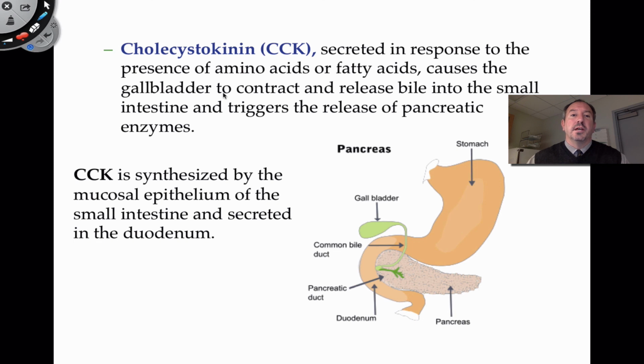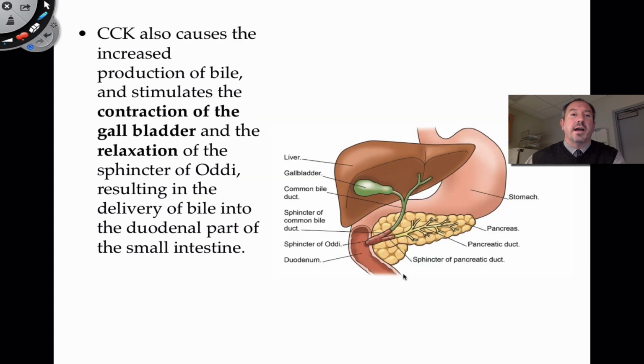It causes the gallbladder to contract. The gallbladder is underneath your liver, which is not shown here. It's going to cause the gallbladder to contract, which is going to release this sort of green material called bile down the common bile duct and into the small intestine. So that's kind of cool. And it also causes the release of pancreatic enzymes as well. So secretin and cholecystokinin have redundant function in that capacity.